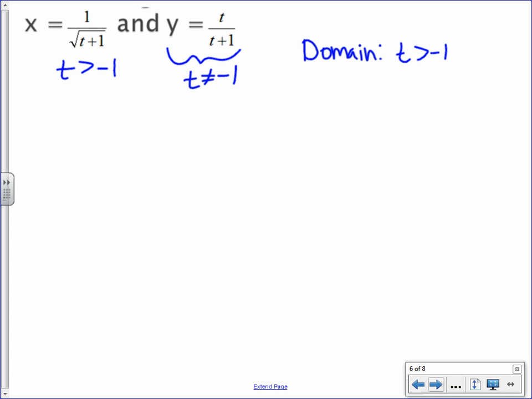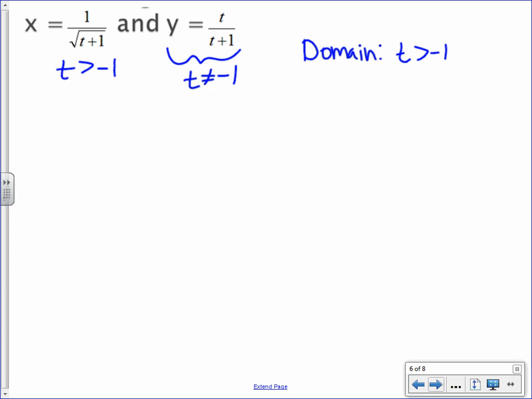If you guys want to try y, we can try y. We should try x. We've got to get t by itself. Do you want to go back to x? Yes. Okay, so let's go to x.